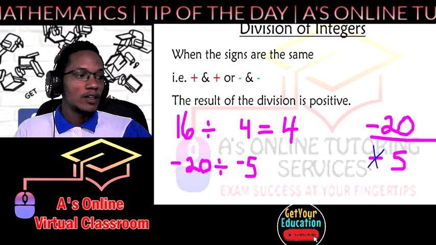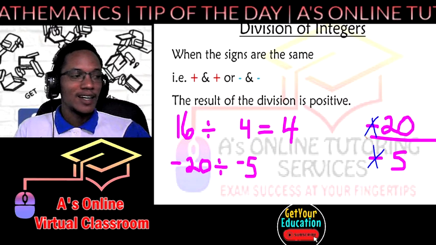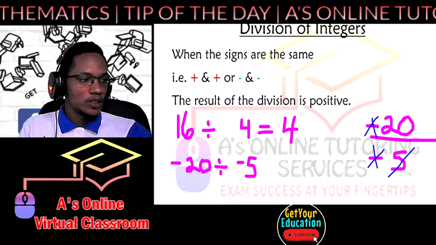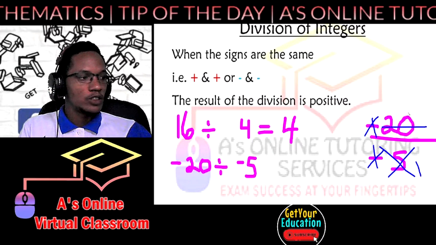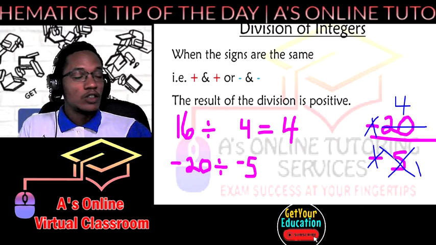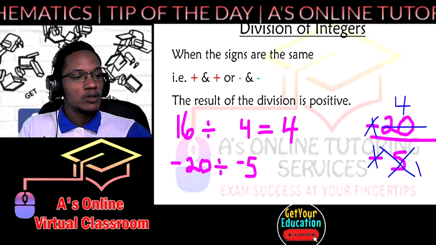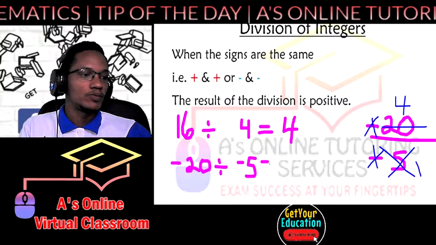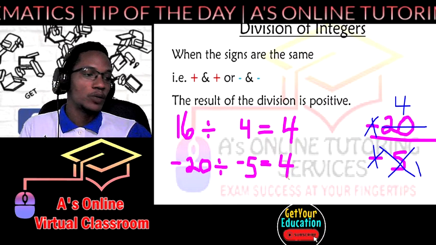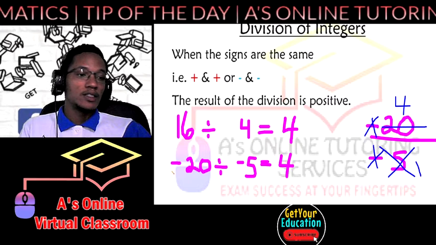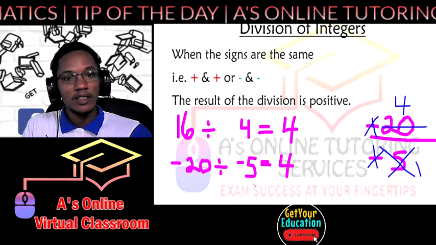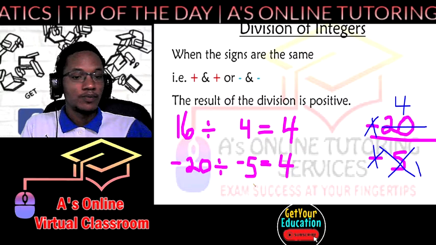So the negative and the negative cancel each other off, and then you divide the numbers like normal. 5 into 5 is 1. 5 into 20 is 4. So you end up getting 4 over 1, which is the whole number 4, and that's a positive. The signs are the same in both the 20 and the 5. They're both negative, but the result in the end is a positive number.